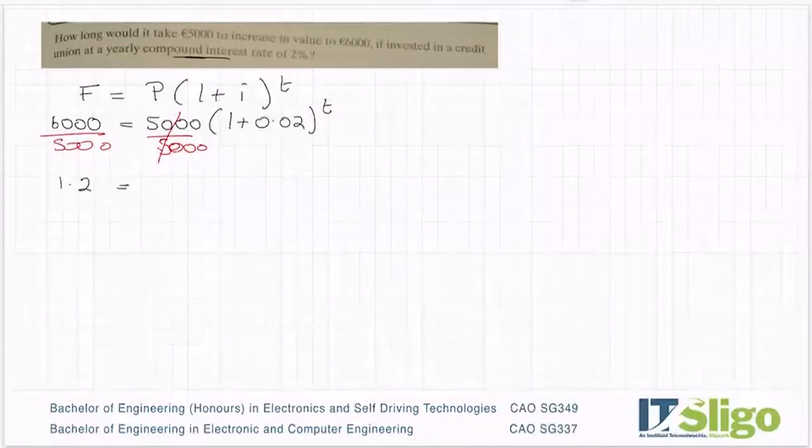And then 1 plus 0.02 is 1.02 to the power of t. I hope that makes sense. So that's just straightforward algebra.